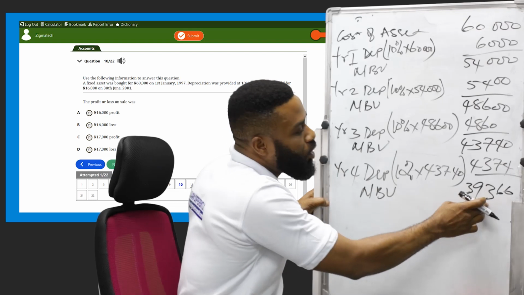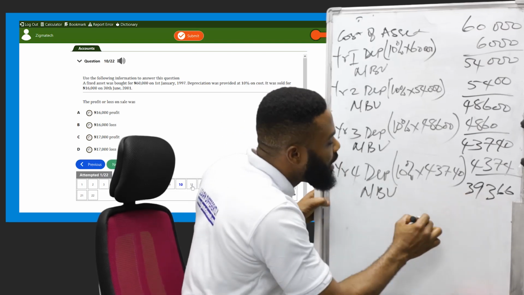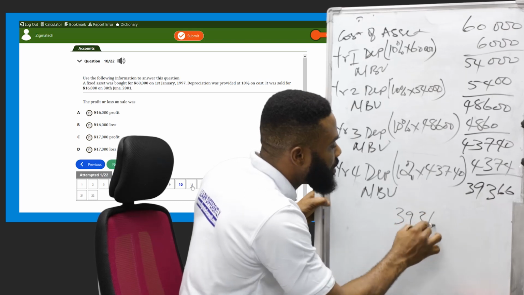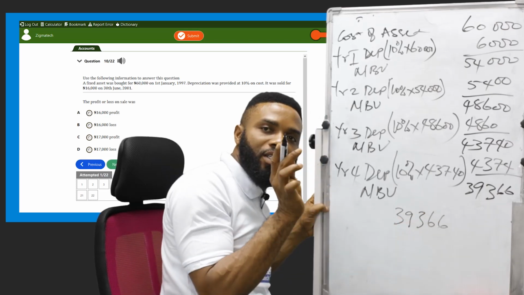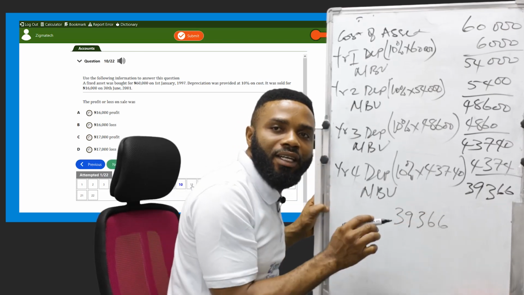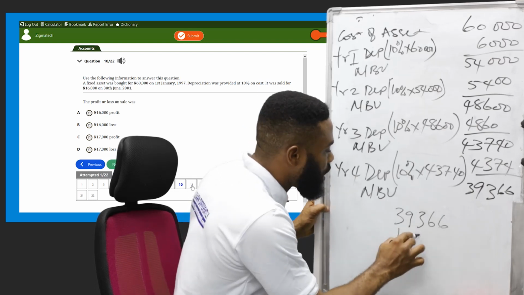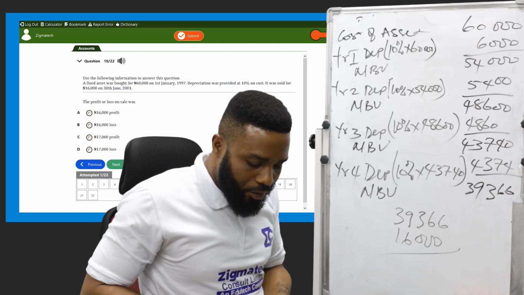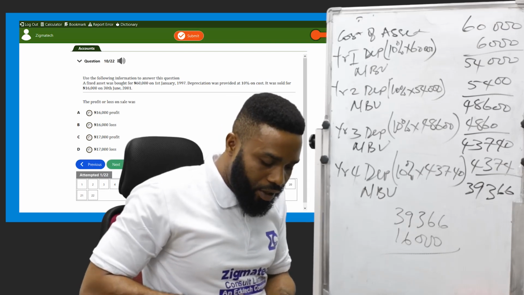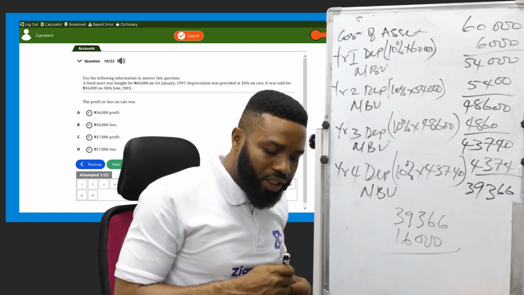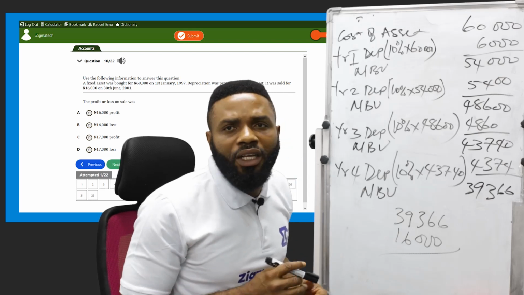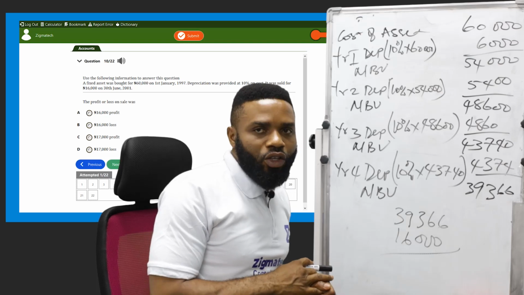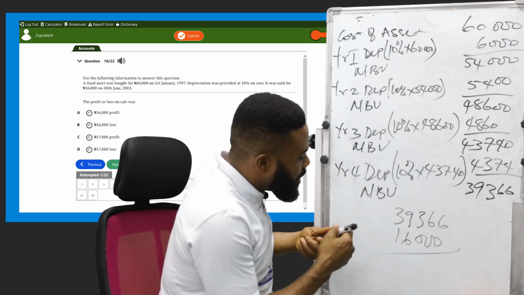The value of this asset was supposed to be 39,366, but they sold it for 16,000.